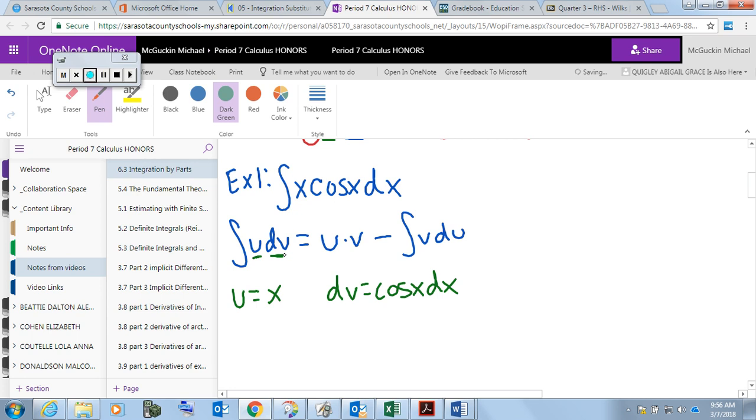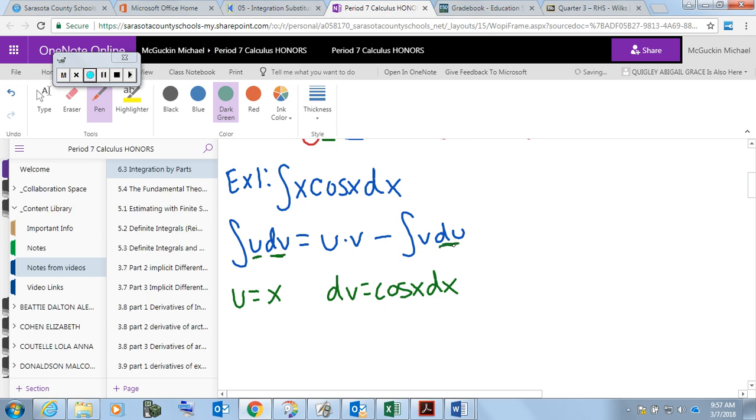Now, in order to fully complete the formula, we take the differential of u, du, and find the simplest antiderivative of cosine of x, okay? Because I have u, I have dv, but I don't have du.